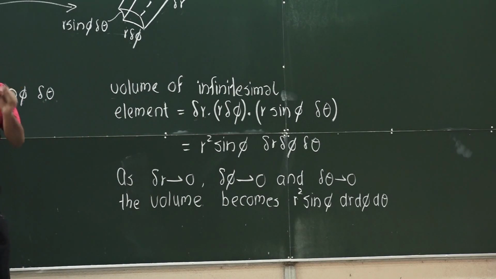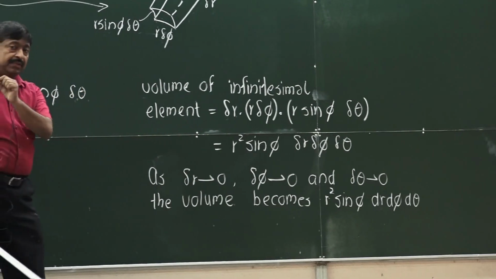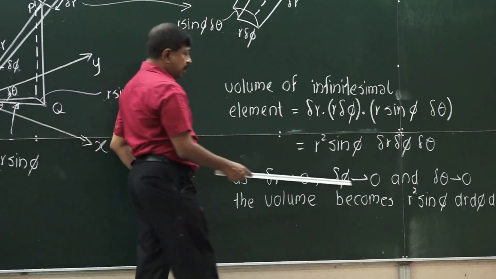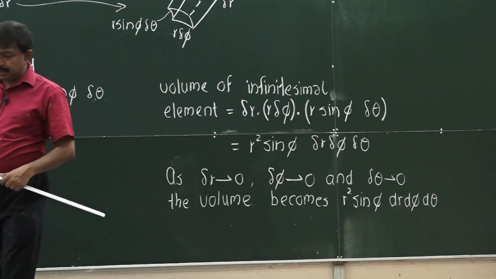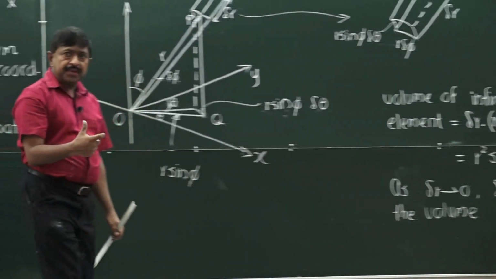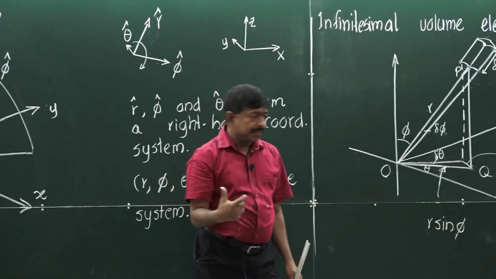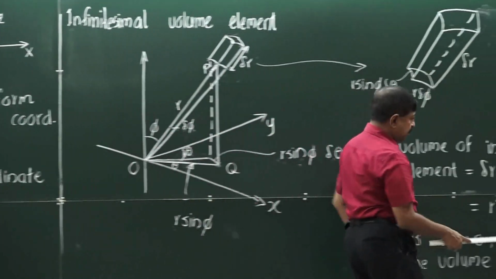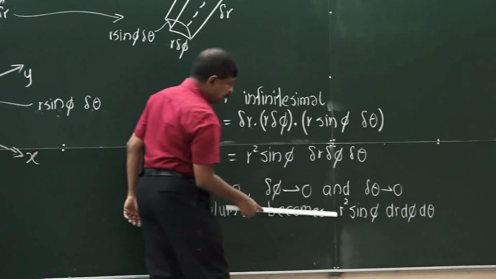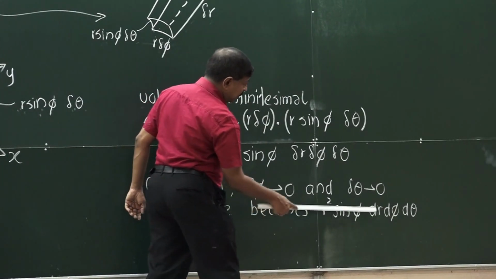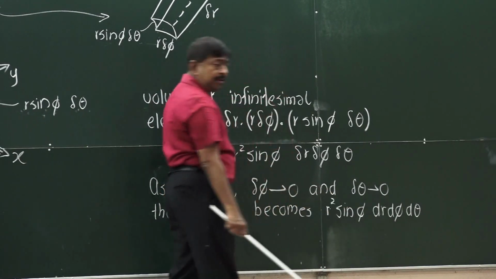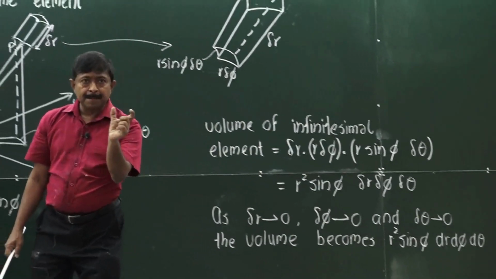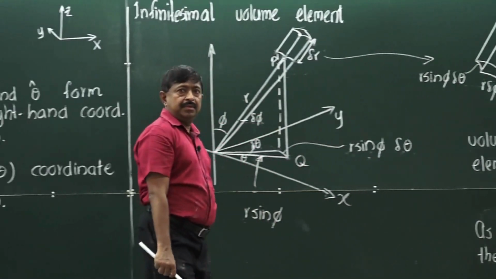We will see what it is later when we discuss the Jacobian. So, no matter what it is, when you integrate something over a volume, in the integrand you need to have r squared sin phi dr d phi d theta as your infinitesimal volume element, right?